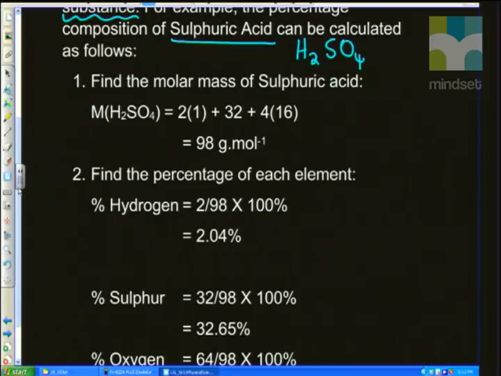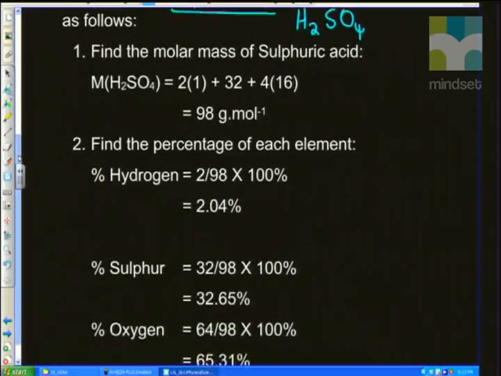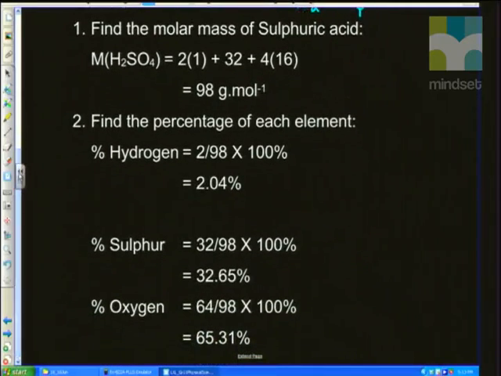So we find how much of each of these elements is in a molecule of sulfuric acid. First, you find the molar mass of sulfuric acid. How do we do that? This is H2SO4: 2 times 1 for hydrogen, 32 for sulfur, 4 times 16 for oxygen. And that works out to 98 grams per mole.